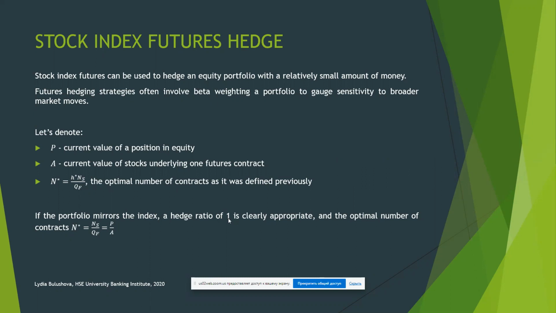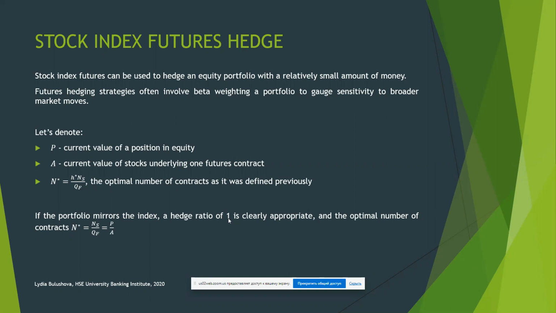And futures hedging strategies, if you'd like to hedge an equity portfolio with index futures, this type of hedging involves beta weighting. Beta is the beta that is used in the CAPM model. So we're gonna talk about this approach. This approach allows us to gauge the sensitivity to broader market moves.